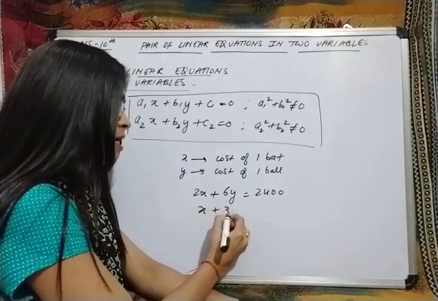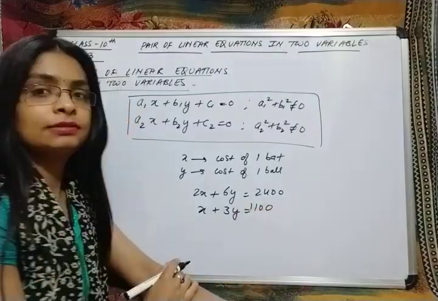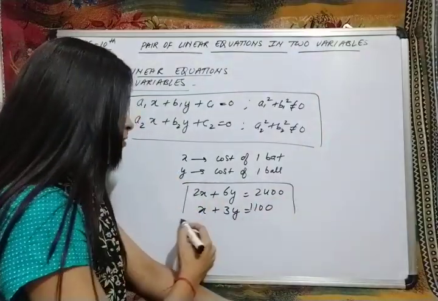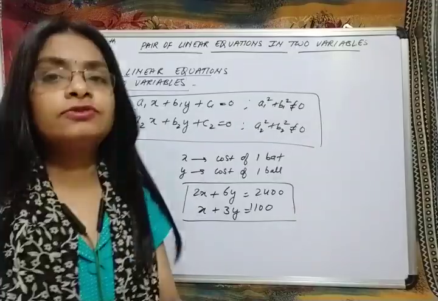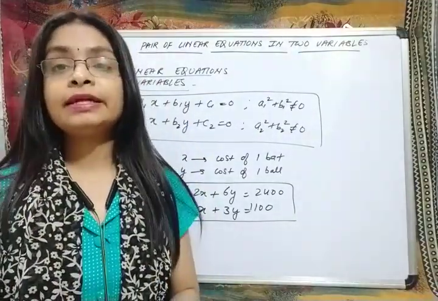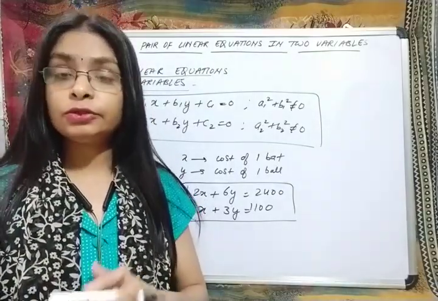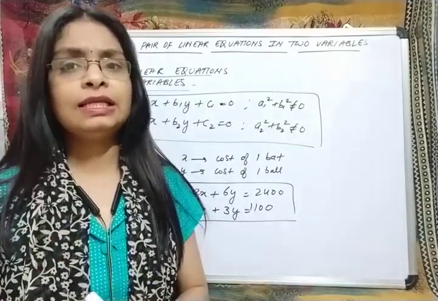So this is x plus 3y, and the total cost was 1100. So these are the situations we have found. Situations like these are in our everyday life, and we use these mathematical expressions to represent them. We also find the solutions of these, and we'll discuss it later.